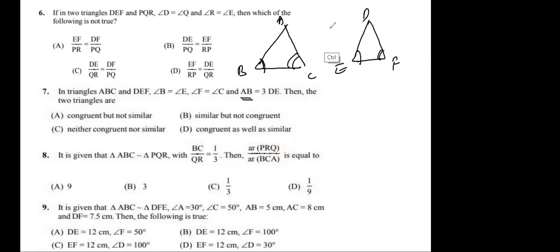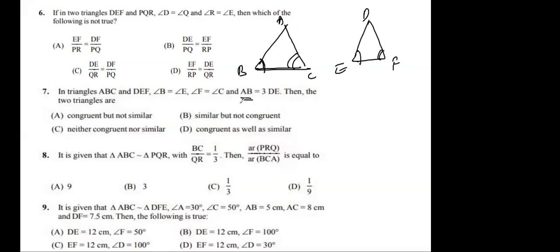But for congruency, what we need is that the corresponding sides must be equal. BC should be equal to EF, AC should be equal to DF, and AB should be equal to DE.